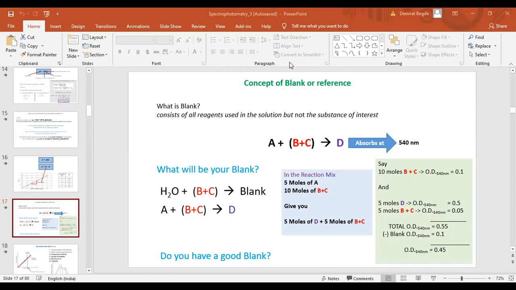Okay, so did you try to solve that question? Any one of you who actually gave it a try? Yes, sir. But at last I couldn't understand what concentration to take for the blank.